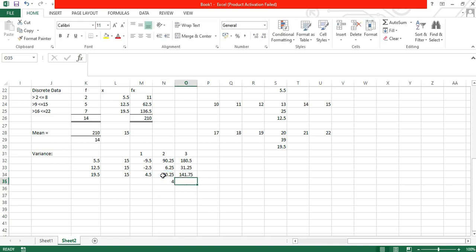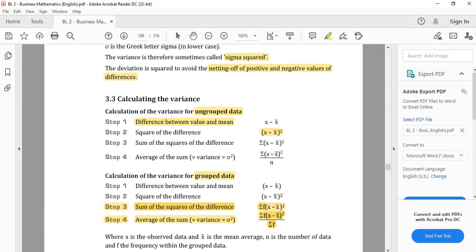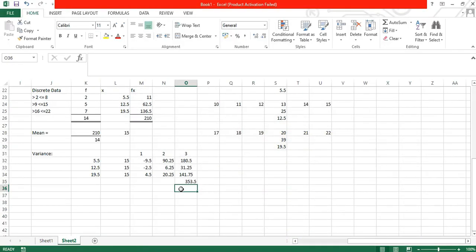Now step 3 itself is take the summation of those multiplied answers. And then step 4 is finally the average, which is the total variance divided by the total number of items, which is 14.